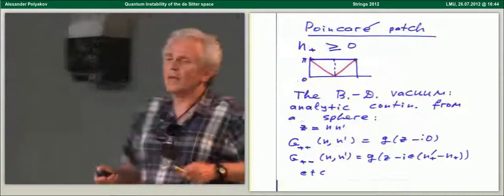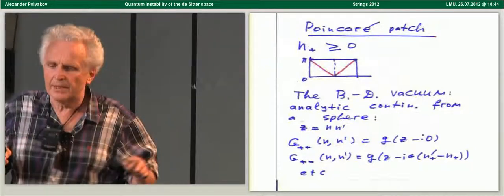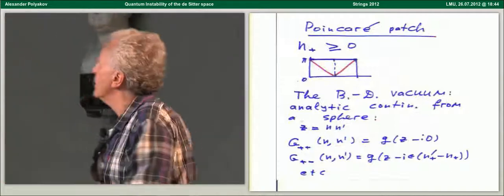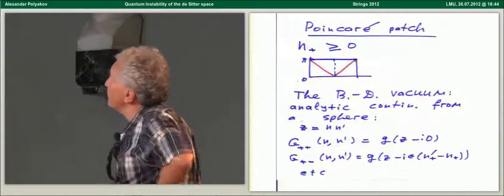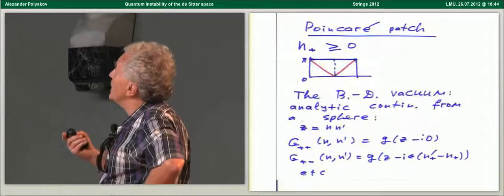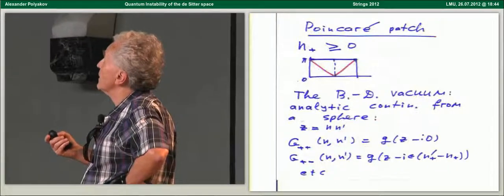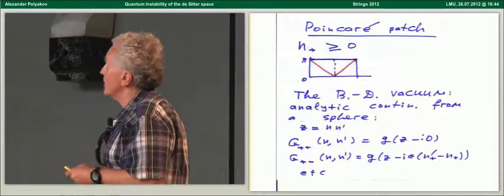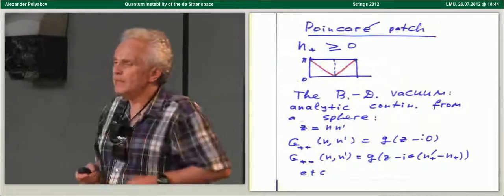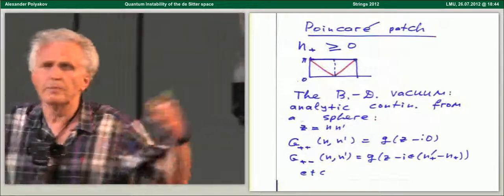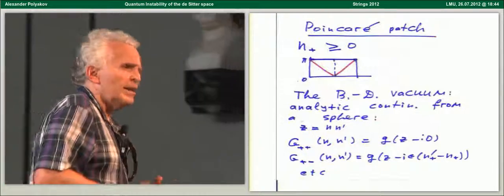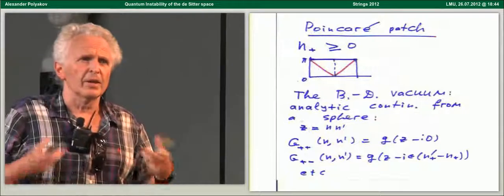So there are several different cases which we have to discuss. The first case is the case of the Poincaré patch. This Poincaré patch describes the expanding universe. It has some fatal attraction to cosmologists.